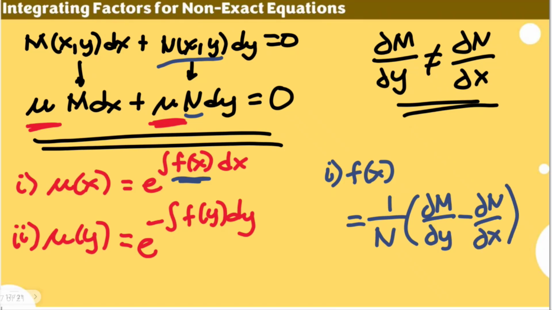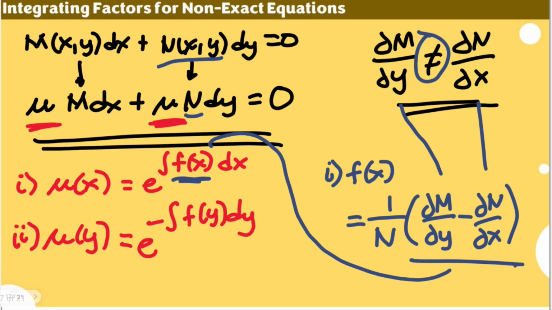Of course, if the equation is exact, this is 0, which means we don't need the integrating factor, because you will just have a constant c for the integral of 0.